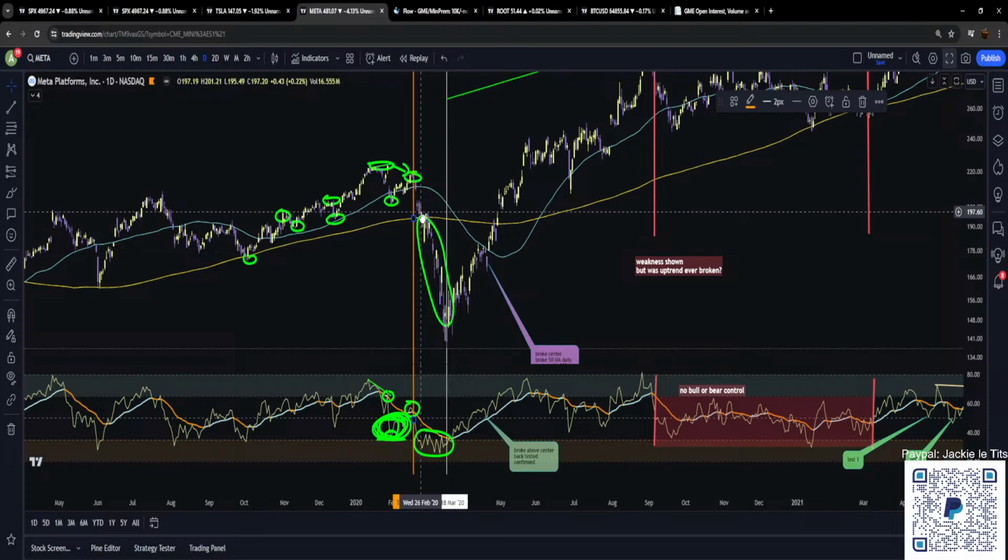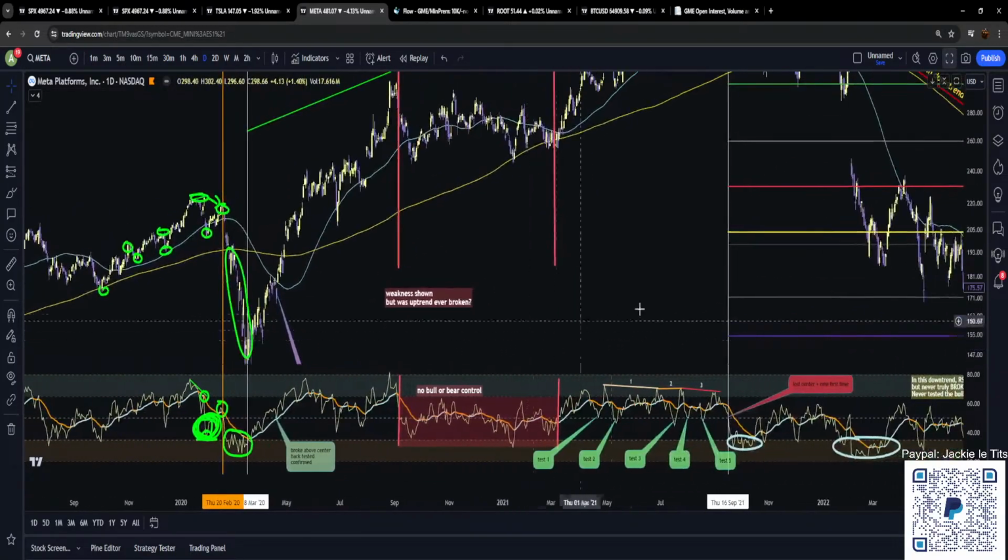And within that green circle, you can very clearly see that price got absolutely rocked. This suggested that bears were very much in control. They were taking complete and total control because the RSI was buried in the bearish control zone. You were under the EMA, under the center line. It was just bad, bad, bad.